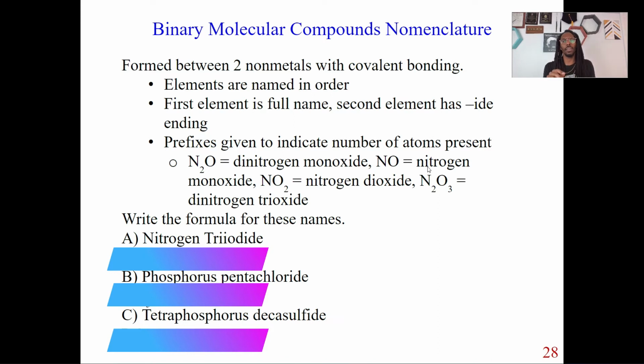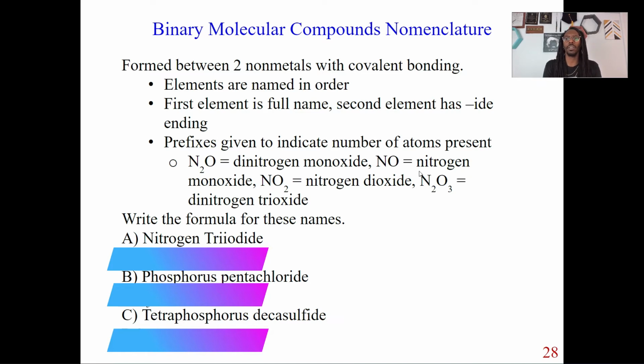Now, here's the thing that I will tell you. If it's the first element, you don't have to put mono in most cases. So in this case, I'm not going to name this mononitrogen monoxide, it's kind of redundant. We just keep it nitrogen. We keep it simple, we keep it clean.